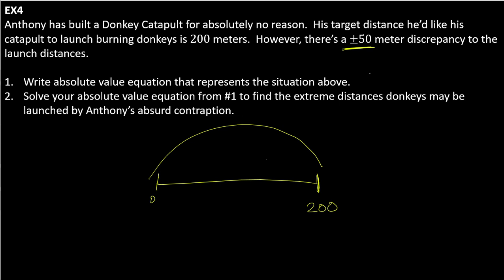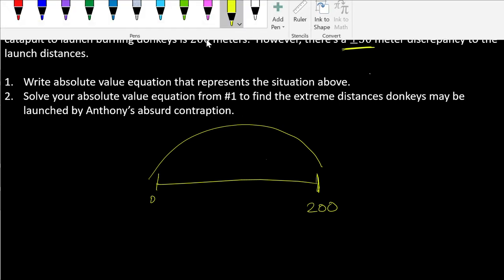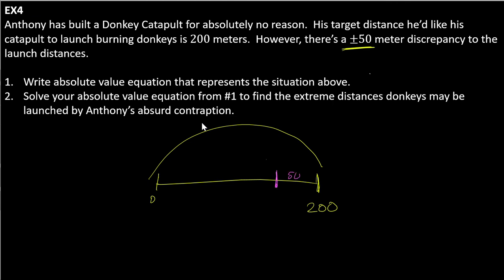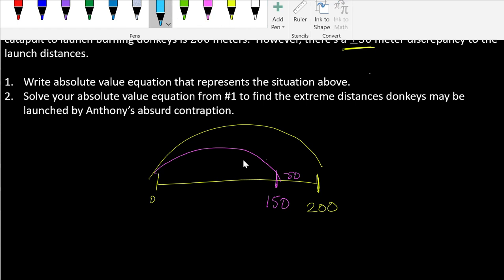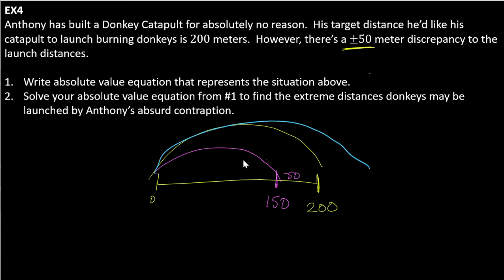So there's extreme values at the left end. So distance here is 50, so minus 50. So this would be a distance of 150, right? So it may launch short, or it may overlaunch another additional 50 meters, right? So this is plus 50.